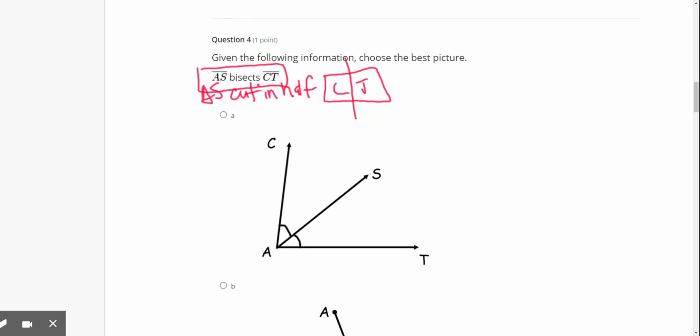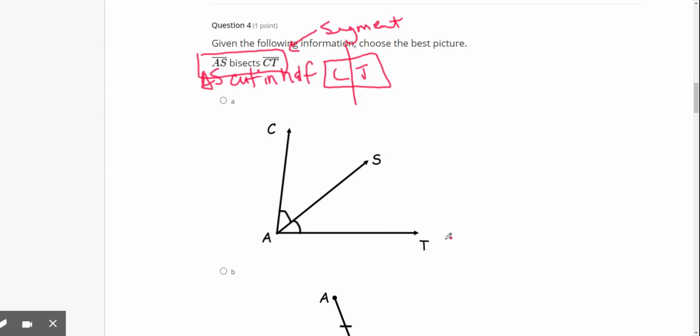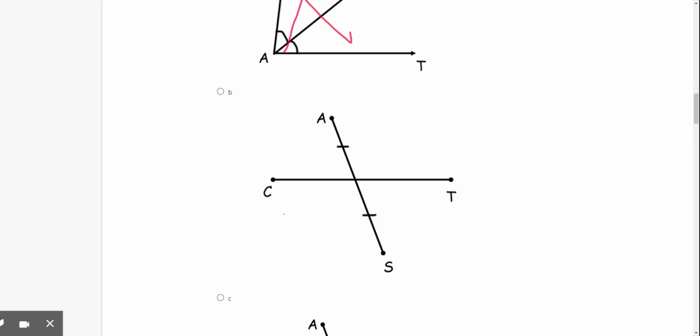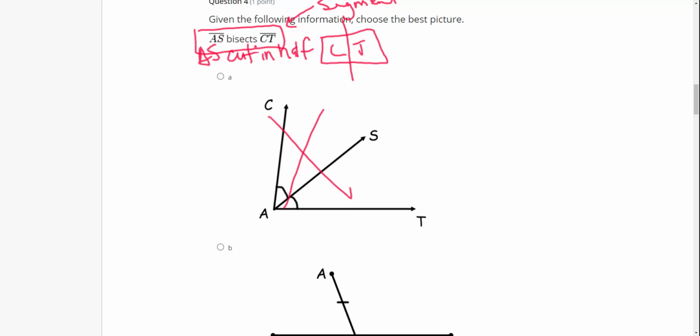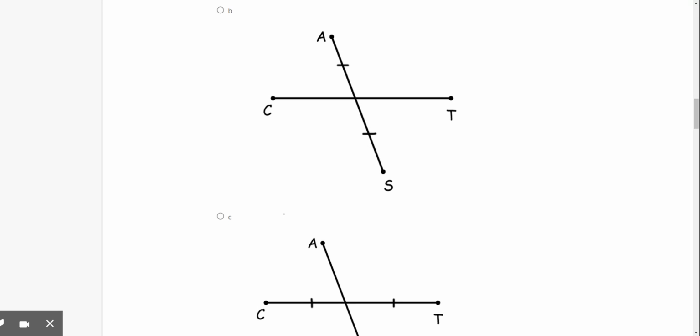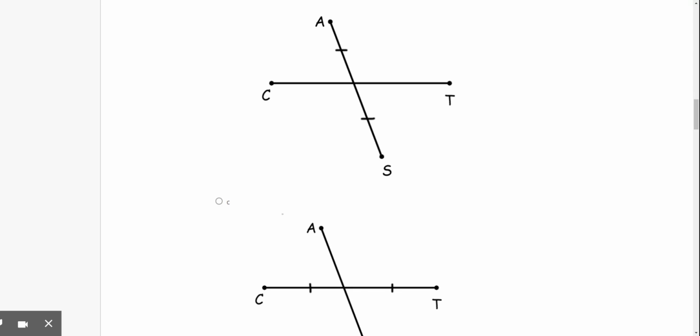And again, this is a segment, right? So if AS cuts segment CT in half, is A a good choice? No. It is not, because that's an angle, not a segment. Is B a good choice? So let me go back. AS is the knife that cuts CT in half.